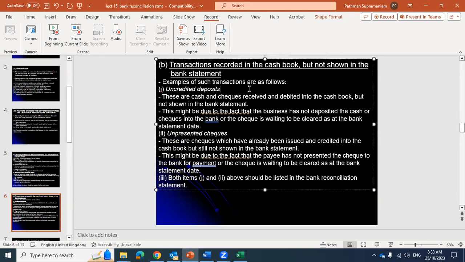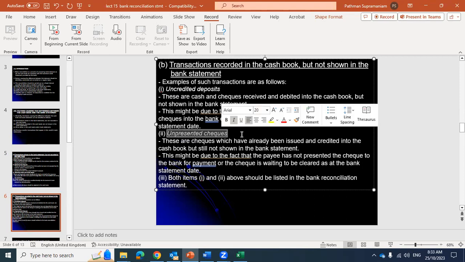It takes a few days for the bank to process this check. During this time period, this transaction would appear in the cash book but not in the bank statement yet.